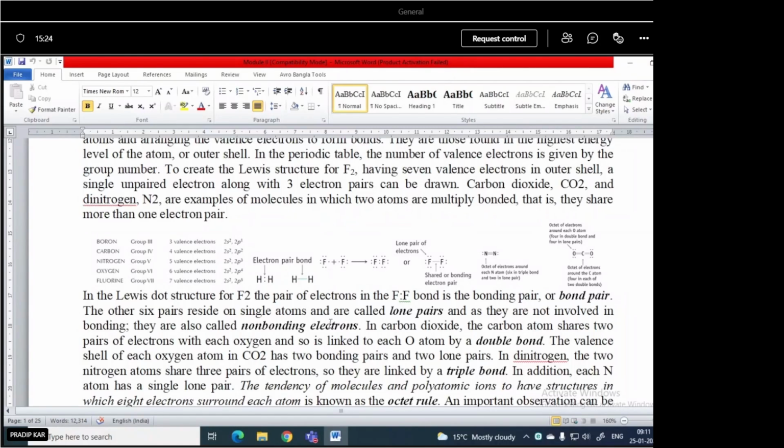Those are not interacting with the other fluorine atom. In carbon dioxide, carbon does not have any lone pairs, but oxygen has 2 lone pairs on it, with carbon having 4 bond pairs and oxygen having 2 bond pairs. Okay.